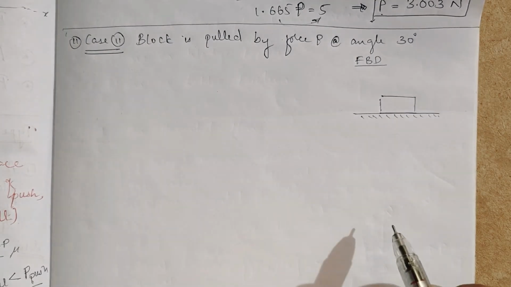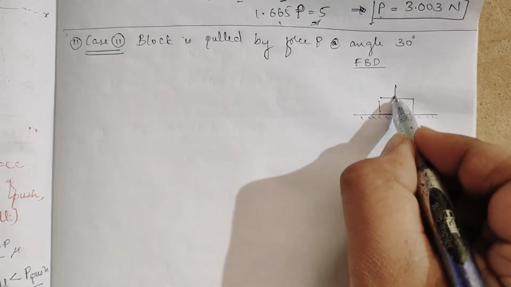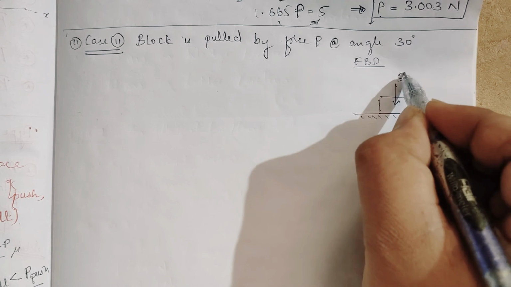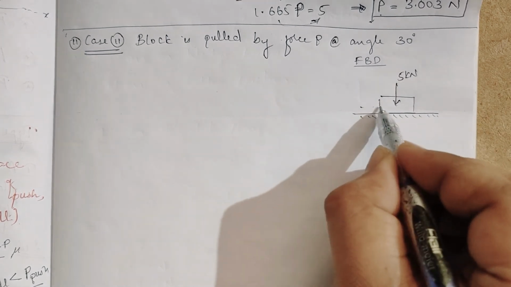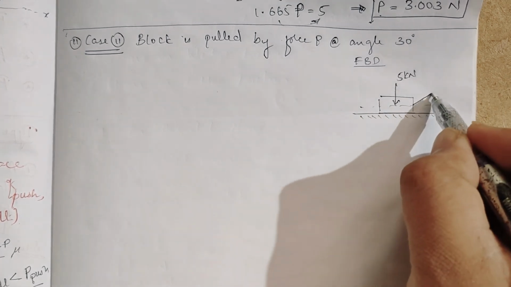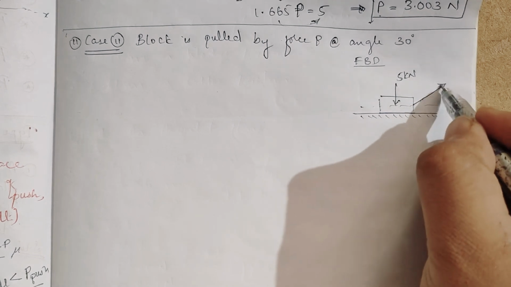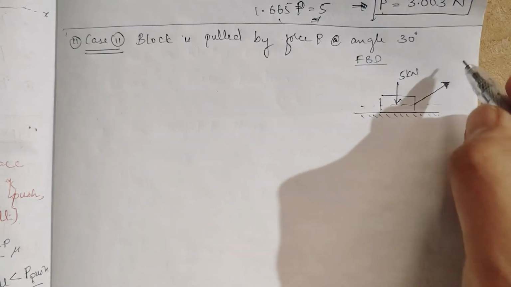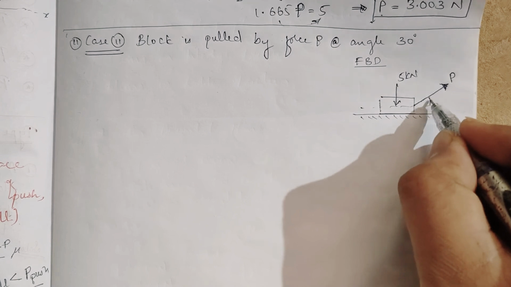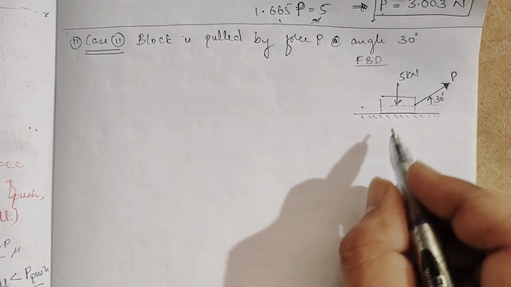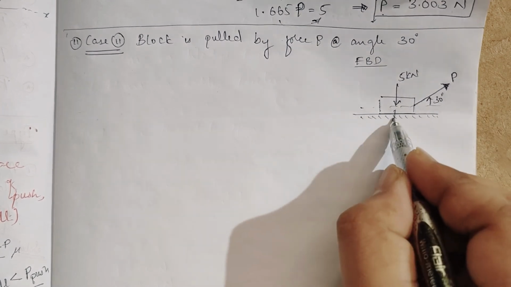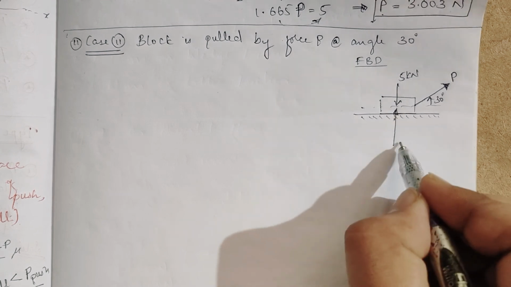The weight is 5 kilonewton. P is the pulling force, away from the block, at an angle of 30 degree. Due to this force, reaction R will be there.